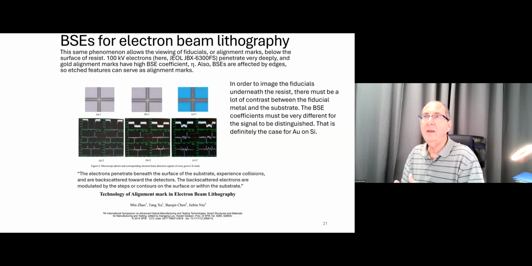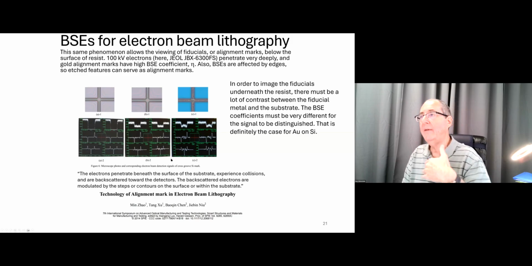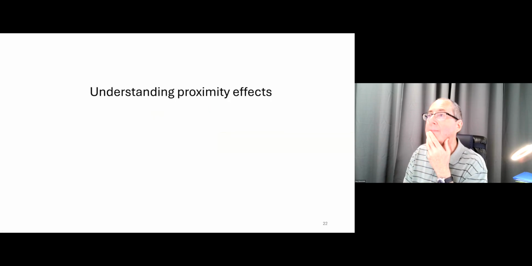So you have to be very cognizant of what metal or material or feature you're using to make an alignment mark and understand its effect on backscattering, to know whether or not you're going to be able to see that alignment mark in the Raith and let Raith do its thing with regards to that alignment mark. So hopefully you have a better idea from an electron scattering point of view what you're doing when you're doing an alignment in the Raith system.